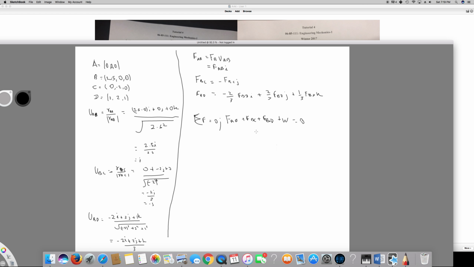Now simply I have to represent all the values. For FAB I'm going to put FABI, and for FBC minus FBCJ, and for FBD I'm going to put minus 2 over 3 FBDI plus 2 over 3 FBDJ, plus 1 over 3 FBDK.